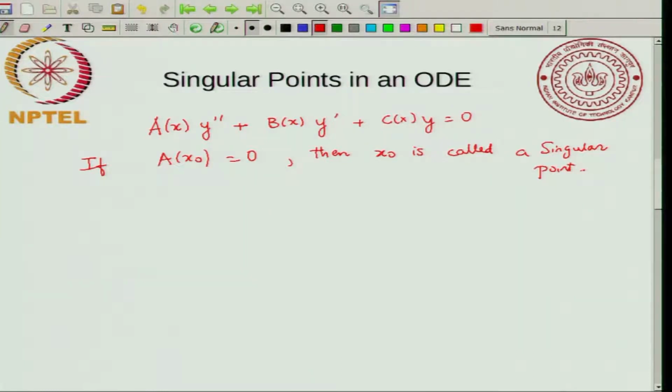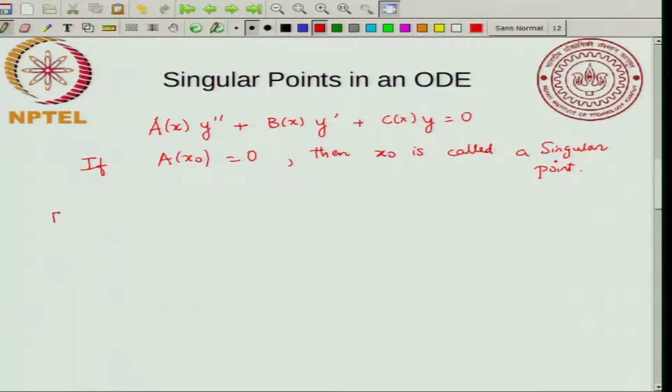Now, what is the significance of the singular point? There is a certain significance of this singular point, and that is what we will come to.